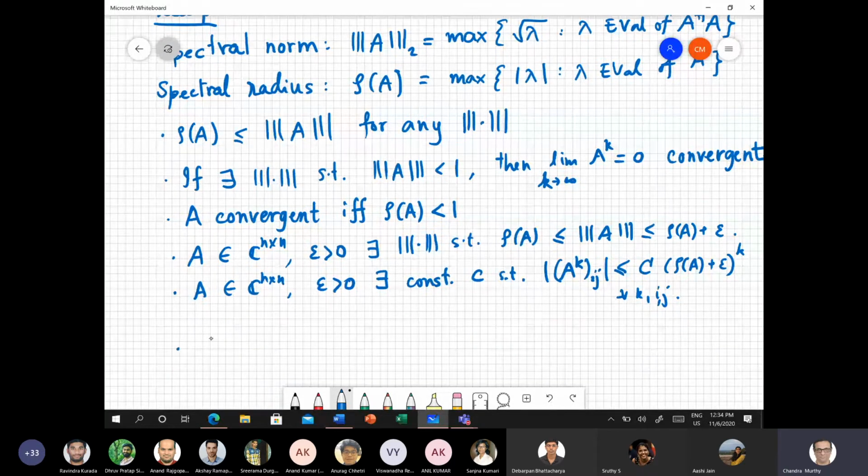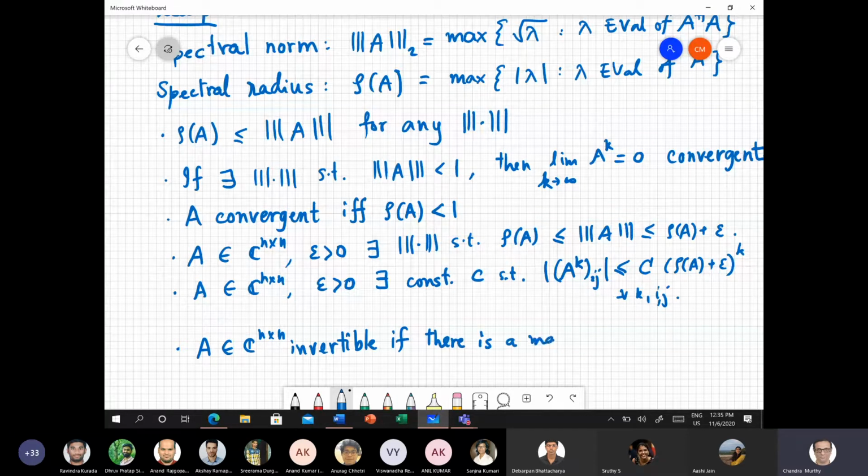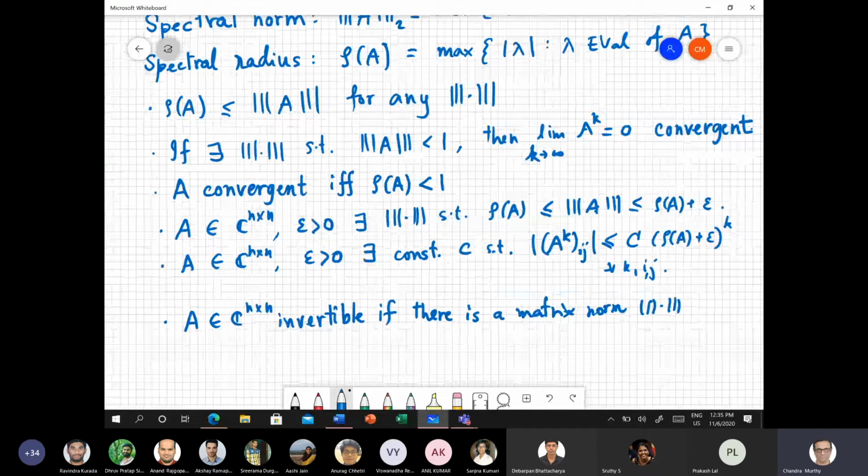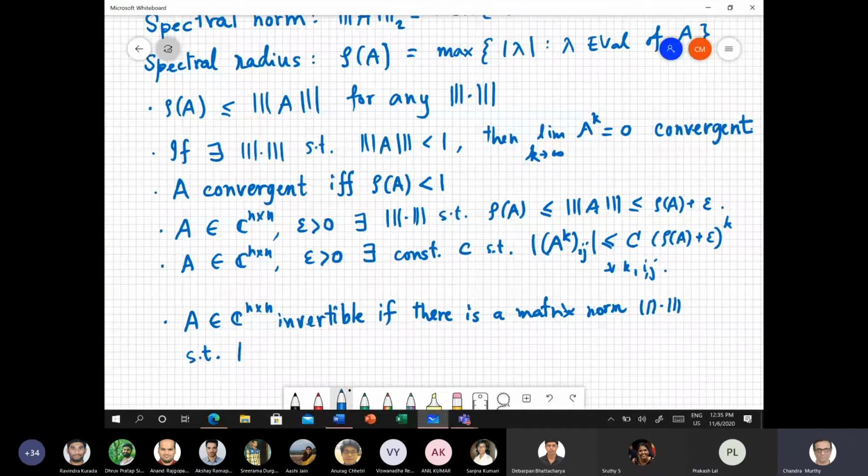We also saw that A is invertible if there exists a matrix norm such that norm of I minus A is less than 1.